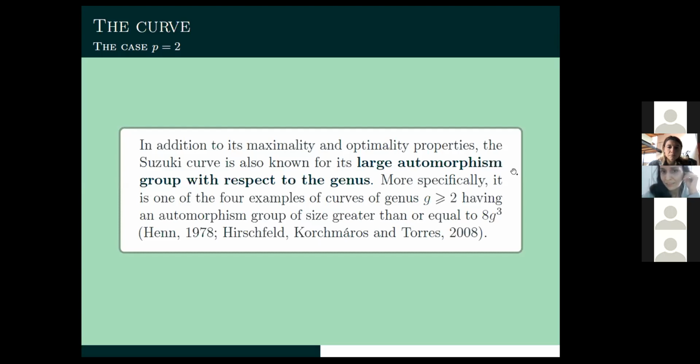More specifically, this curve is one of the four curves with automorphism group of order greater than or equal to 8 times g cubed.